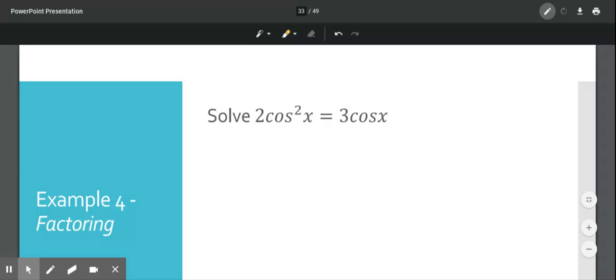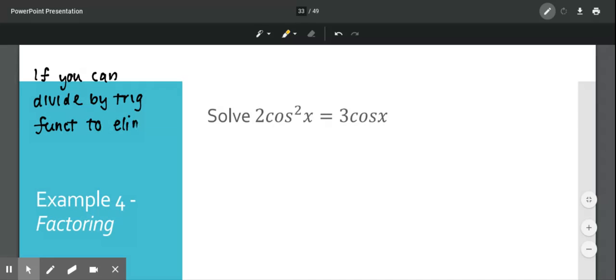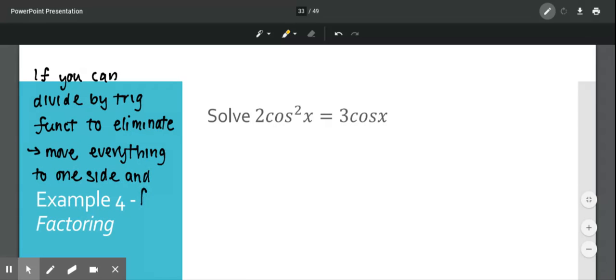So if you can divide by a trig function to eliminate one, then what you need to do instead is move everything to one side and factor. Right, so if you feel like you want to divide and cancel, don't. Just get it all to one side.